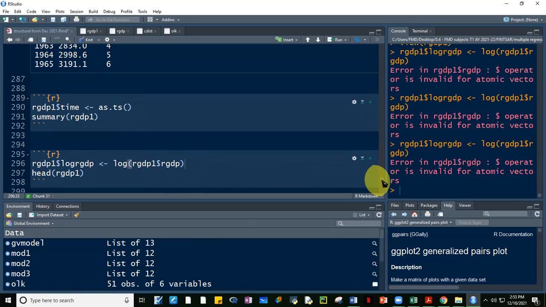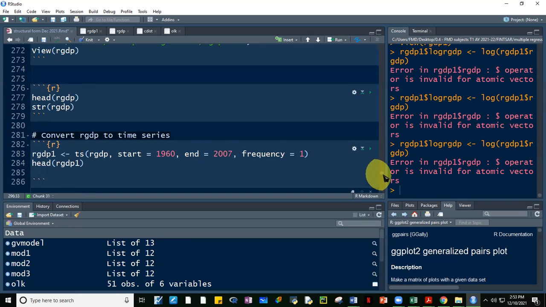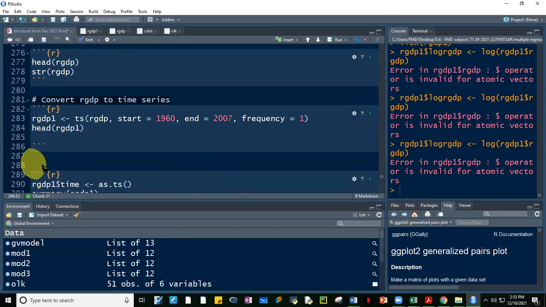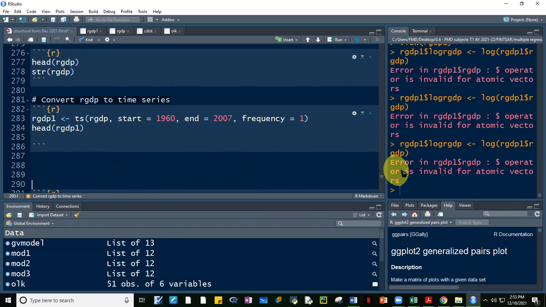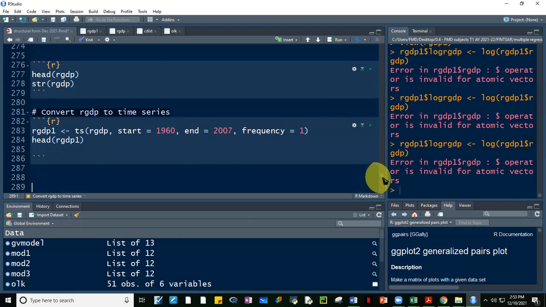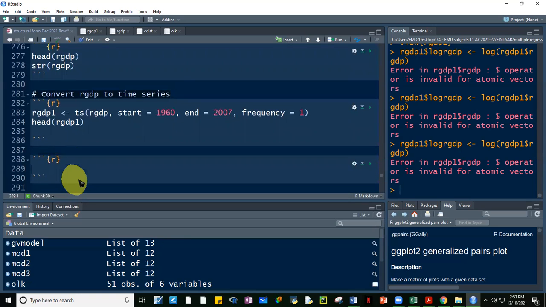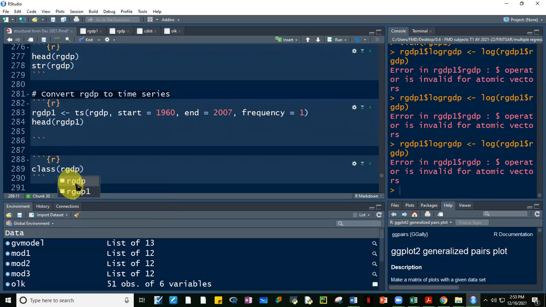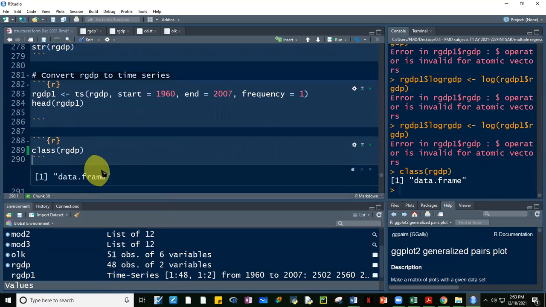Let me experiment on something. The RGDP is still there. Wait a moment. Class of RGDP. So it's a data frame.